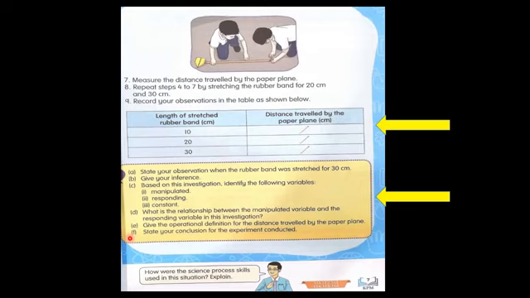I hope all of you can do this task. Here I attached sample answers for all the questions, just in case you need some reference, since this is the first investigation that we are doing for the year.